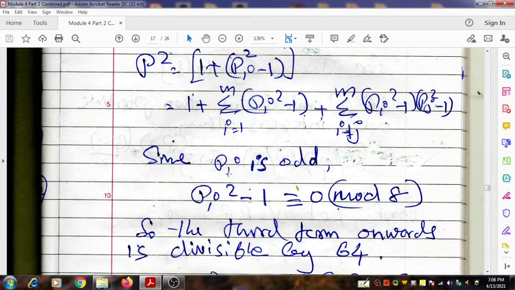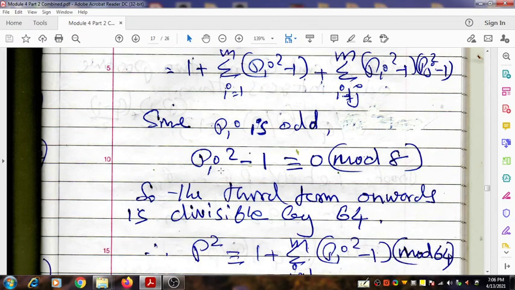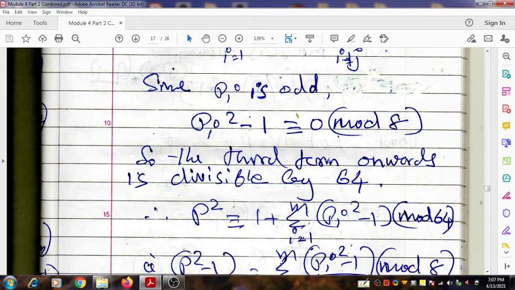But you can note that p_i is an odd number, so p_i squared minus 1 will be divisible by 8. You can verify that p_i squared minus 1 is congruent to 0 mod 8.